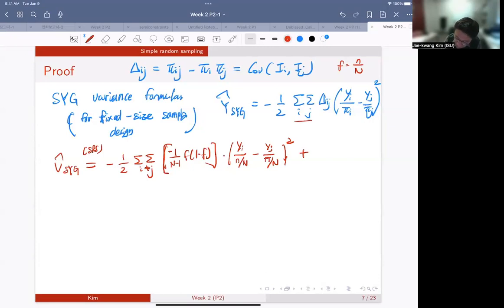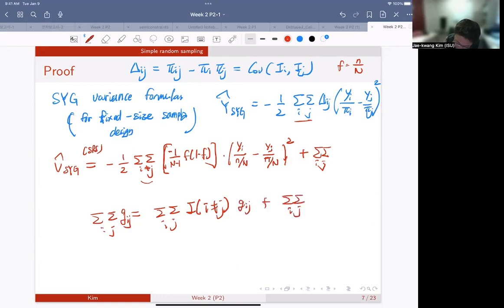here the summation is over i and j, but I kind of separate out the event that i is equal to j, which becomes a single summation. To be rigorous, you can write it this way: the double summation can be written as a double summation with the indicator i not equal to j of something, Gij, plus the indicator i equal to j, Gij.